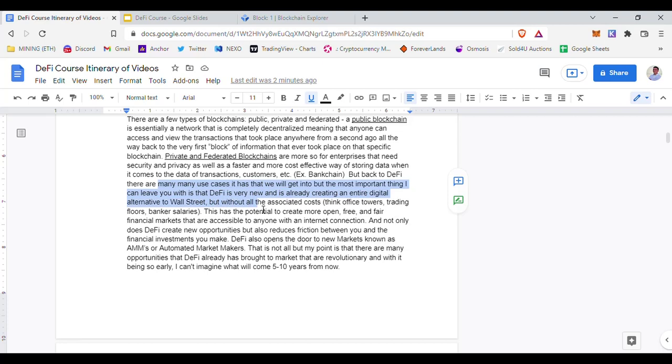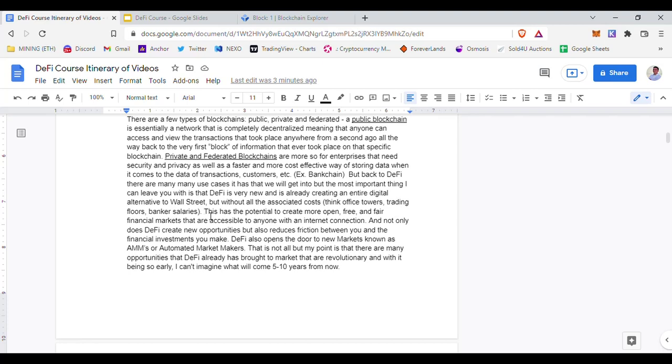And it is creating that alternative without all the associated costs like building office towers, having trading floors, and banker salaries. Those costs are incorporated into the cost of you being able to trade through Wall Street. So this is creating a more frictionless way for the smaller guys, or retail investors, to get involved with these bigger things.